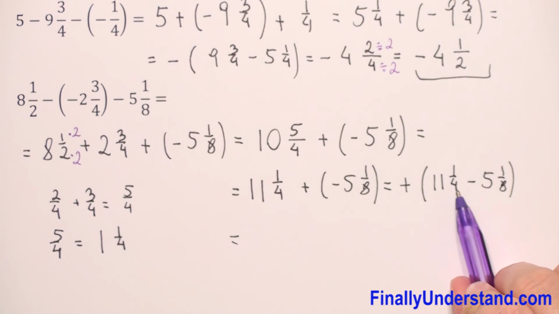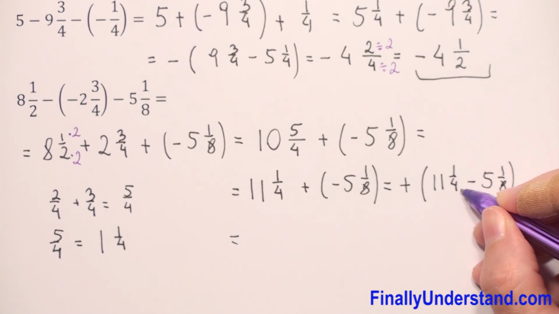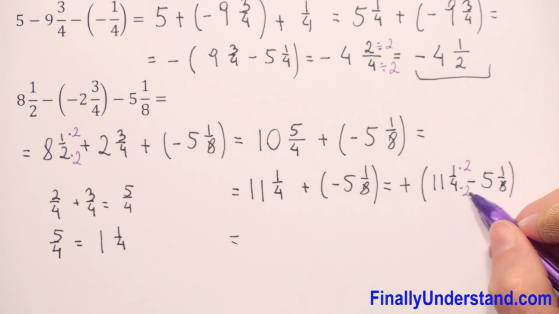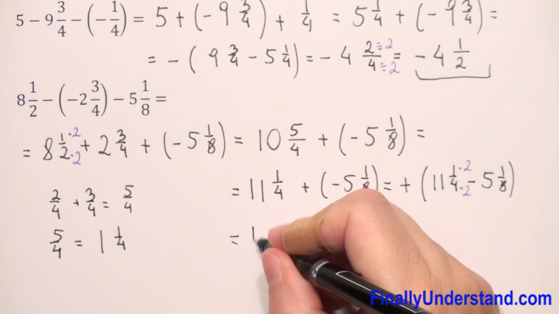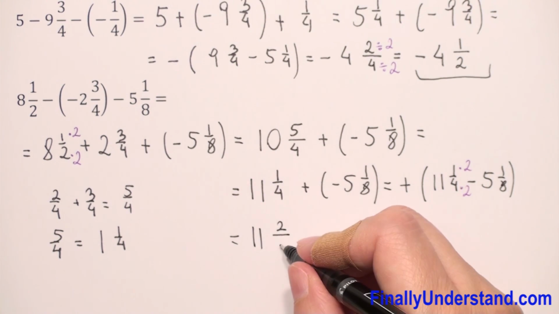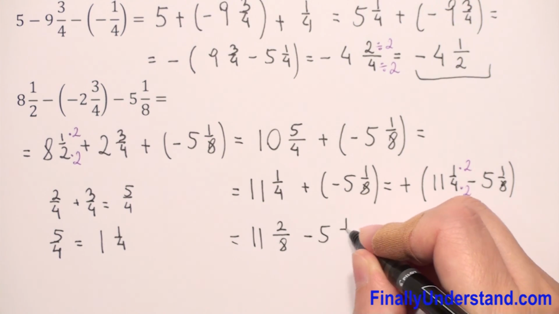So 8 is divisible by 4 and 8, the smallest number, of course. So I need to multiply 4 times 2 to get 8. Whatever I did with denominator, I have to do the same with numerator. So I have 11, 1 times 2 is 2, 4 times 2 is 8, minus 5 and 1 over 8.